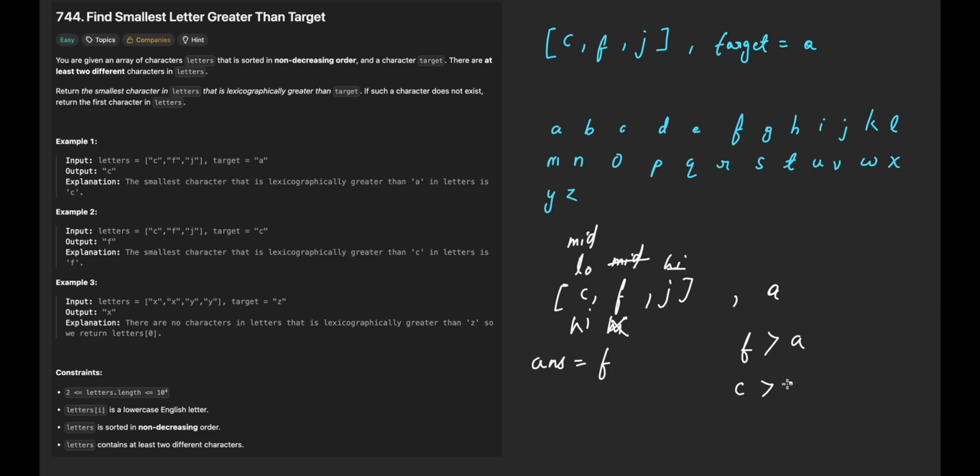So yeah, C is also lexicographically greater than A, so let's store the answer to be C. Now, since we don't have any more elements to check in the array, we would be returning C as our answer, and accordingly we can check other examples and test cases as well. So this was it. Let's code it up.